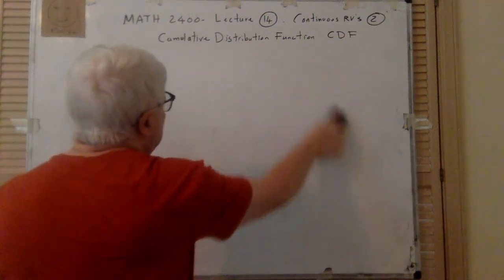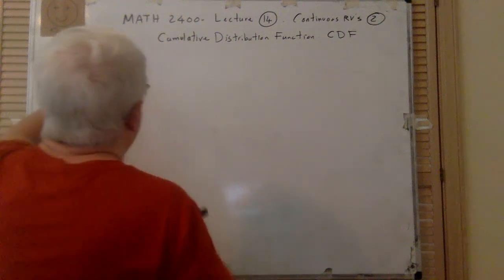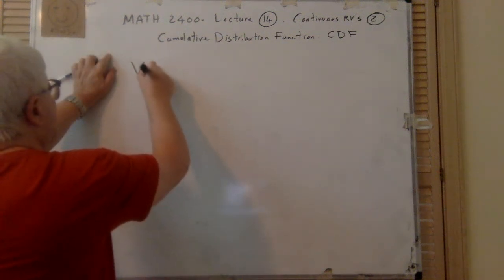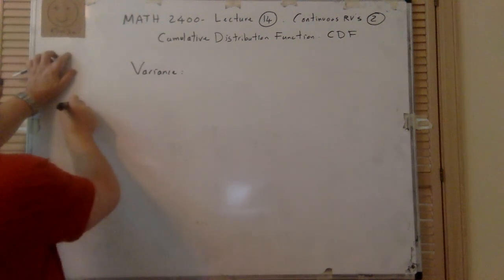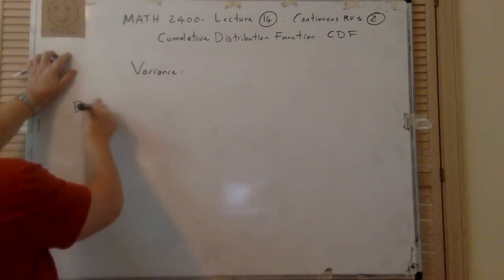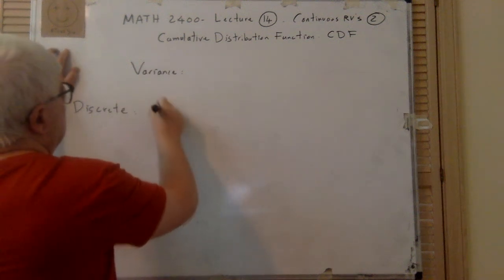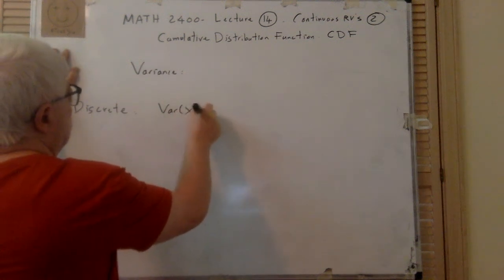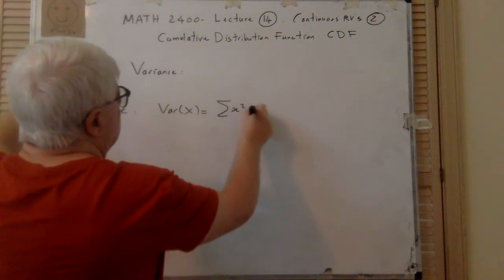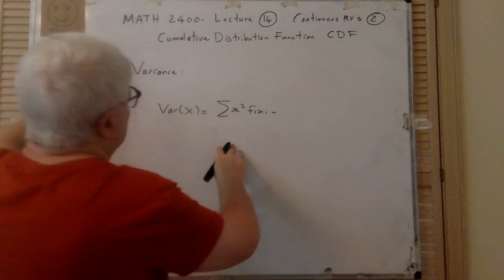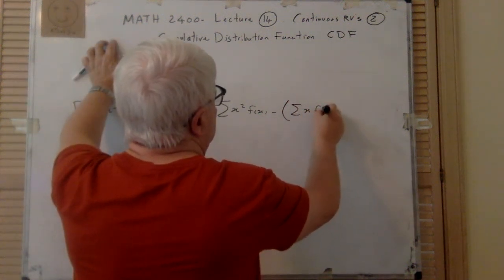Another thing that we discussed was variance and standard deviation. So what did we have for discrete? Variance of x was the sum of x squared f(x) minus the square of the sum of x f(x).